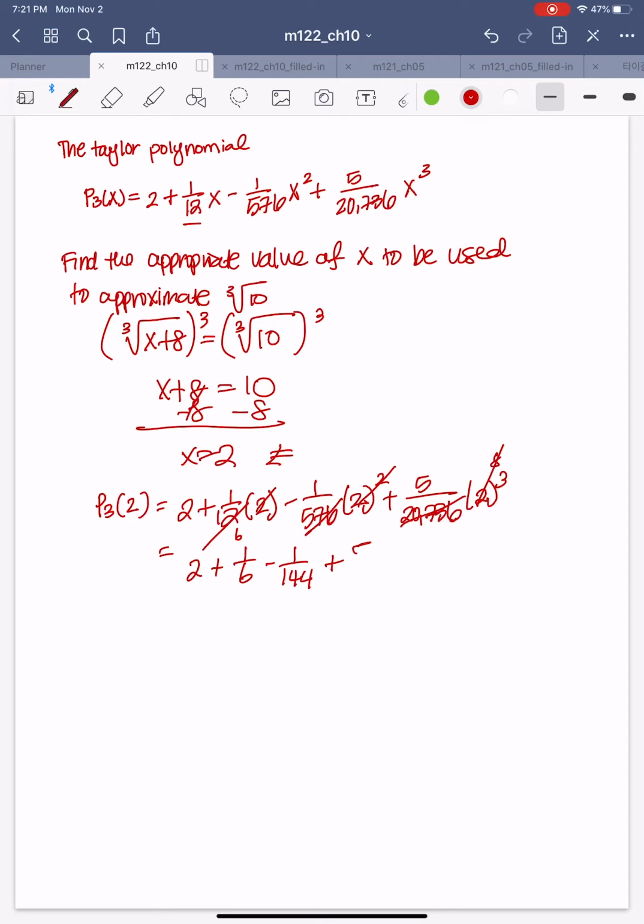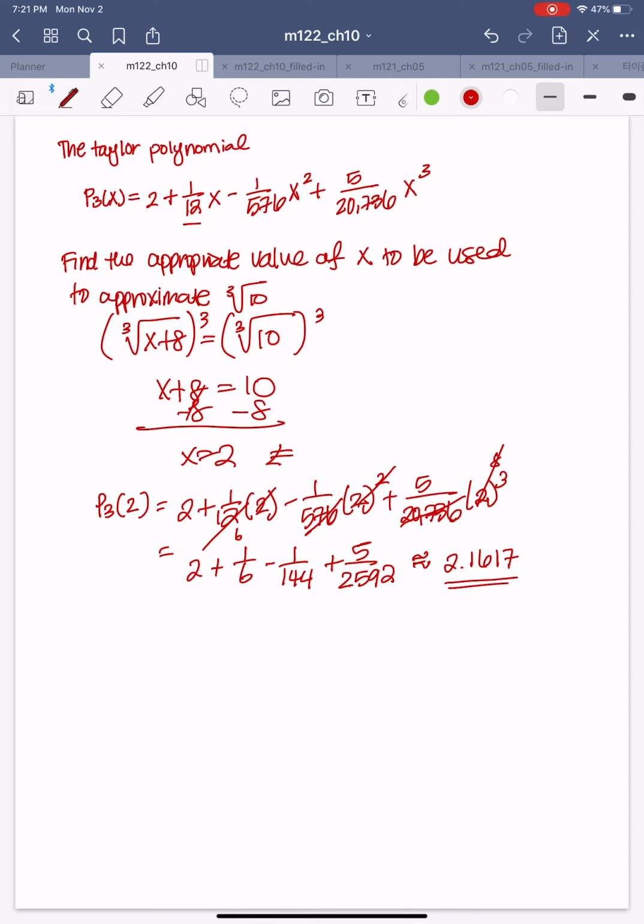So plus 5 over 2,592. If you put everything onto the calculator, so 2 plus 1 over 6, subtract 1 over 144, plus 5 over 2,592, I get a decimal value 2.1617.